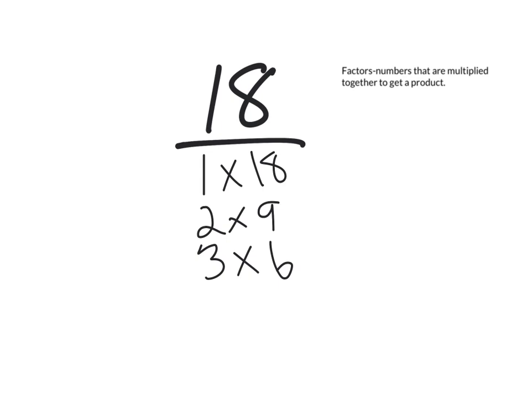I've got 1 times 18, 2 times 9, 3 times 6. I could keep testing. I could go up to a 4, but if I know my 4s, which everybody should, I can't multiply anything times 4 and get 18. My next one would be 5, and I know 5s don't work, and then the next one would be a 6, which I already have.